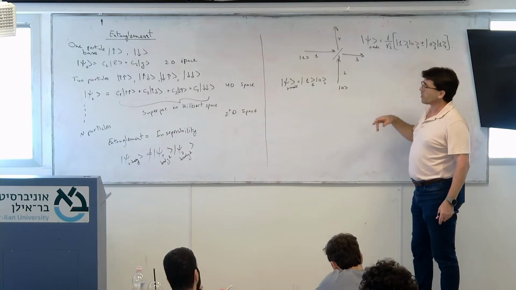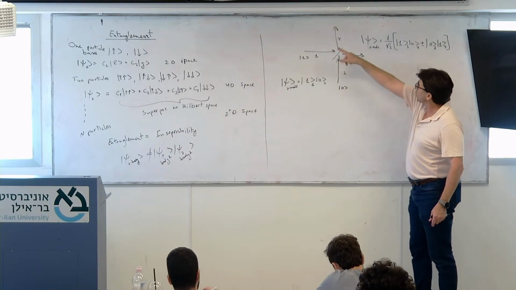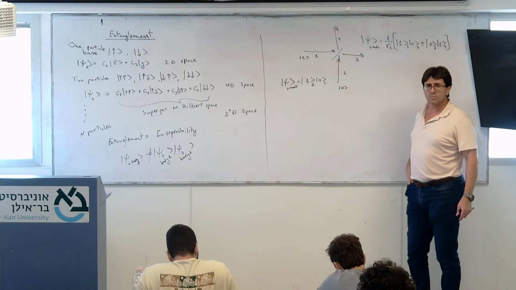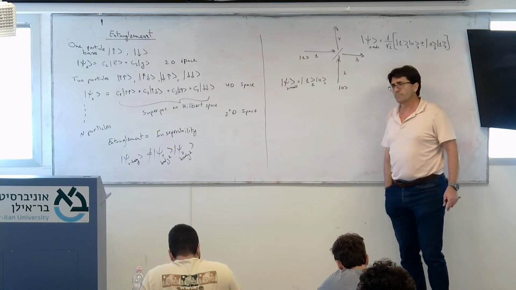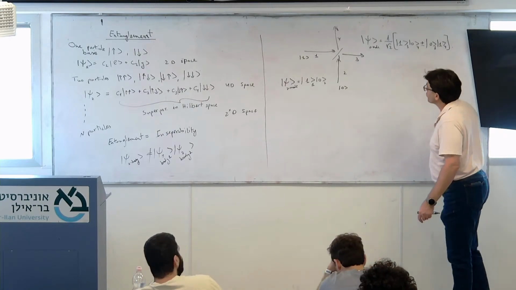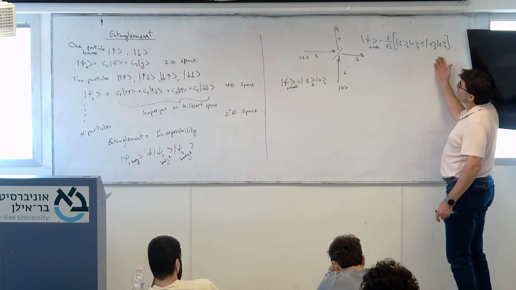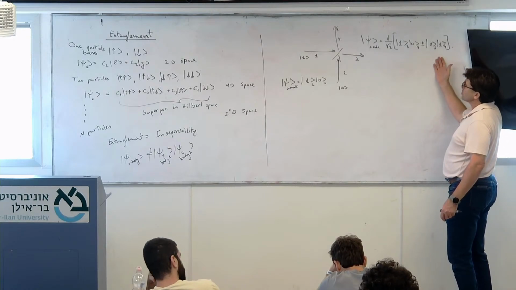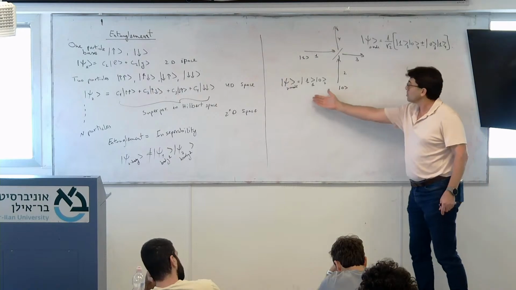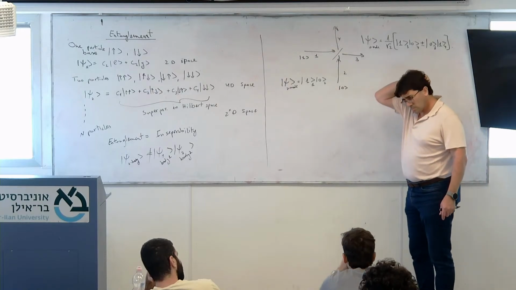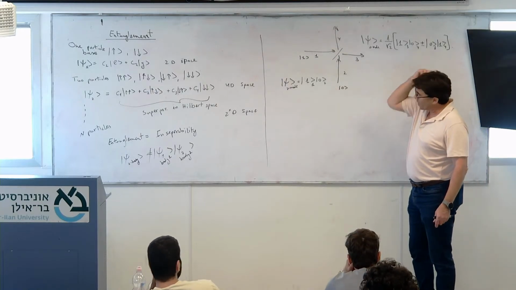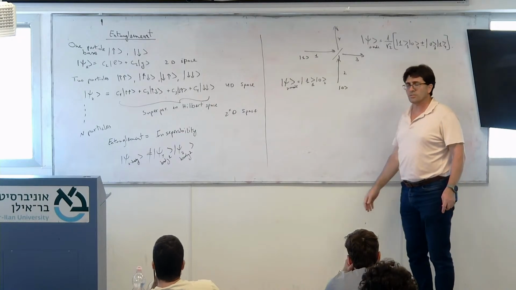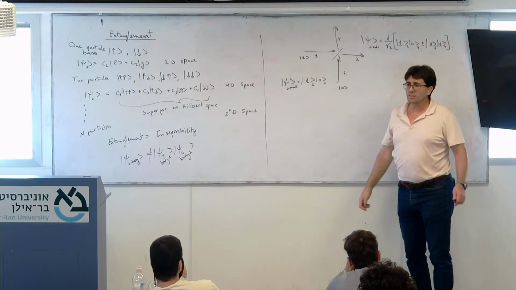Because if I see the photon here, there's nothing there, or the other way around. So is this an entangled state or not? I really hate this definition. I never understand it.